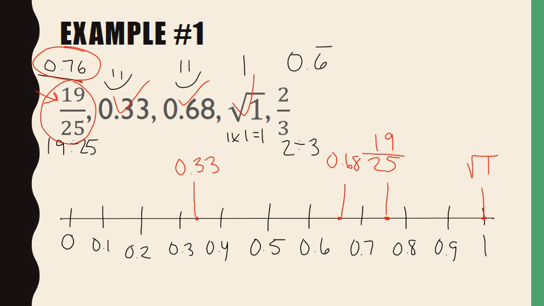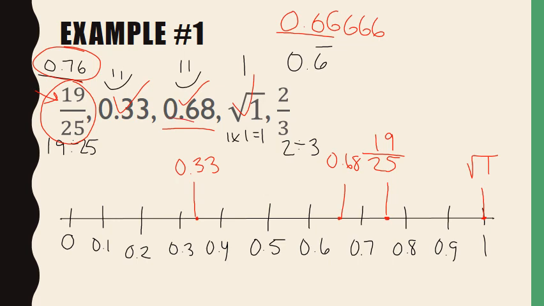Now this last little bit is the hardest part here. We have 0.6 repeating, which is 0.66666 forever, which will go between 0.6 and 0.7. But we already have a number between 0.6 and 0.7, so we need to make sure that we put it on the correct side of the 0.68. So I'm looking at 0.68 compared to 0.66.